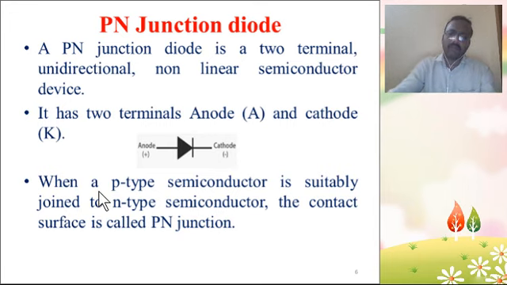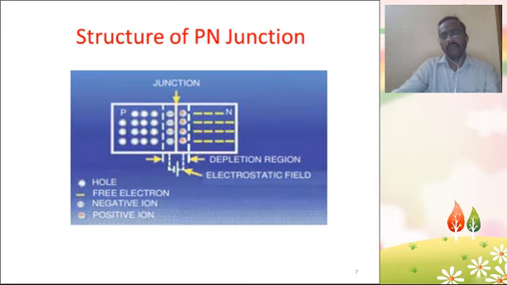When a p-type semiconductor is suitably joined to an n-type semiconductor, the contact surface is called the PN junction. So this is the structure of the PN junction diode. This is the P side of the PN junction.